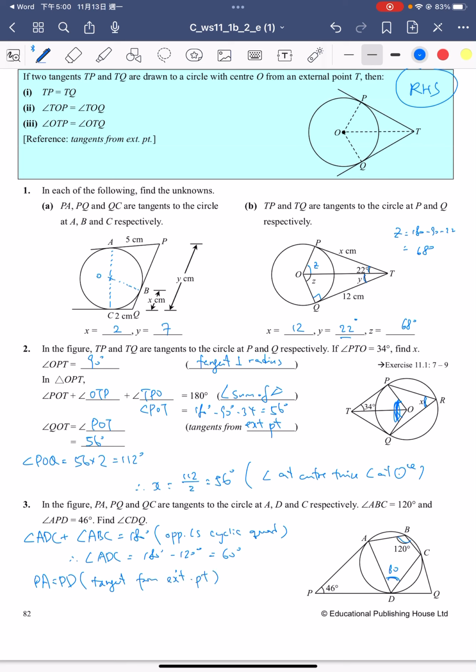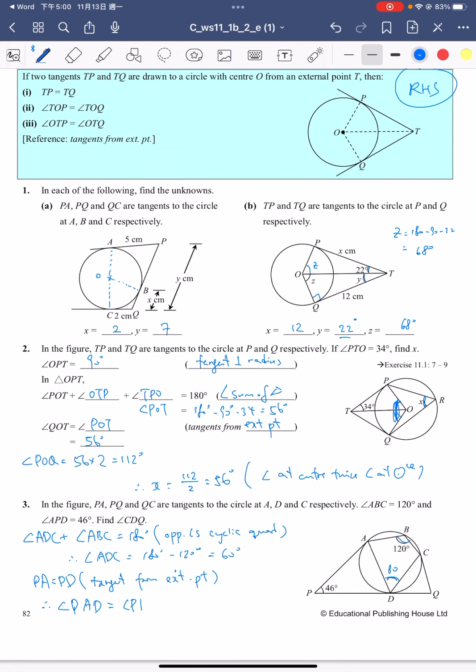So now we can say that this is an isosceles triangle. So we have the angle of PAD is equal to the angle of PDA. So these 2 angles are the same. PAD and PDA are the same by using the base angles isosceles triangle.